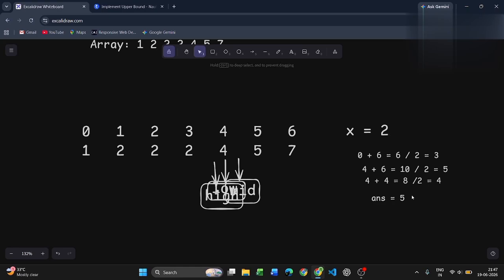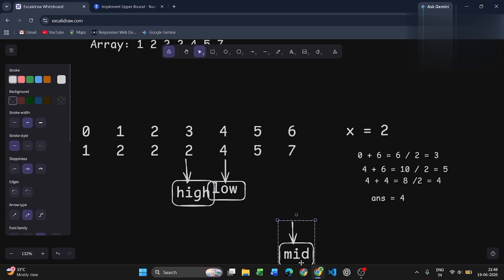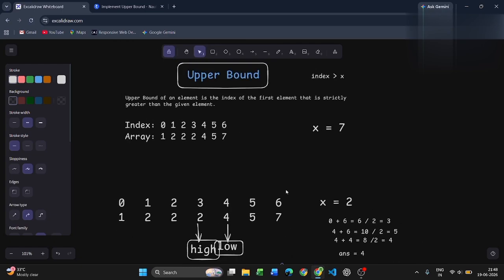So the answer would be updated to the fourth index. Now we can say that there may exist a better answer, so we would move the high pointer to mid minus 1, and here we can clearly see that the high crosses the low, which ends the search space, the while condition gets broken, hence we would return the answer at the last. So this is a clear explanation for upper bound.